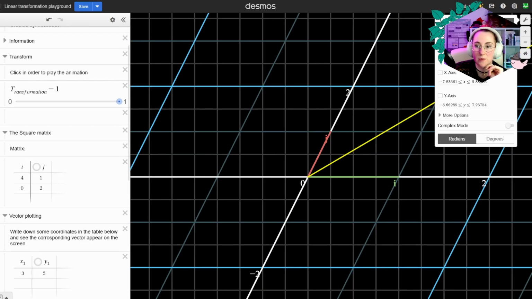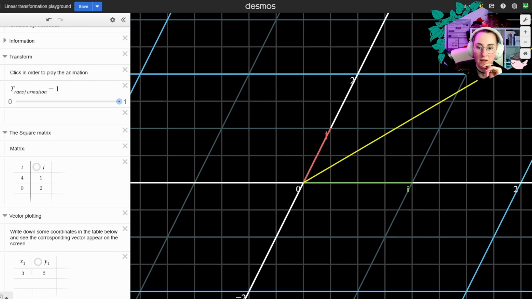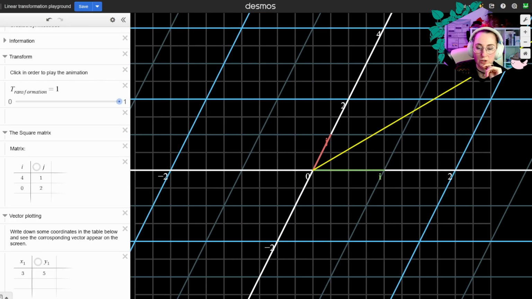So let me make everything a bit bolder, should be nicer to see. So J goes to (1, 2). So go across 1 and up 2. So at the very least, that has worked. I will figure out where I've gone wrong later.